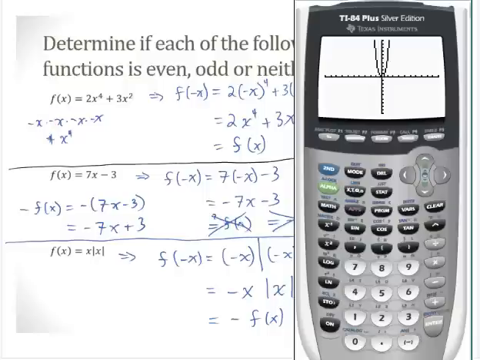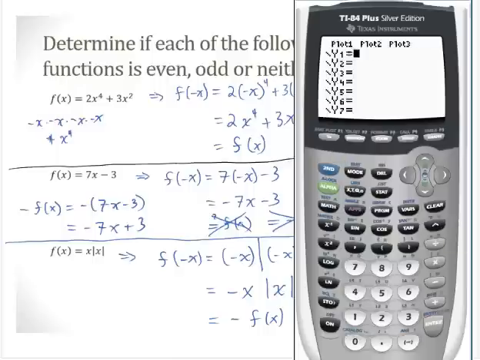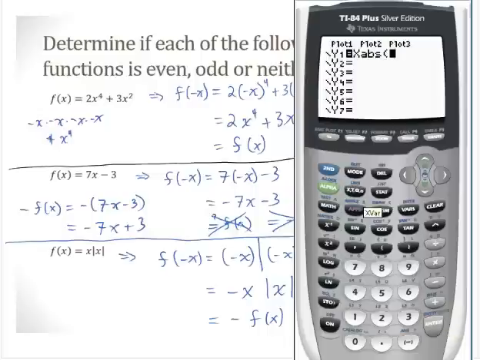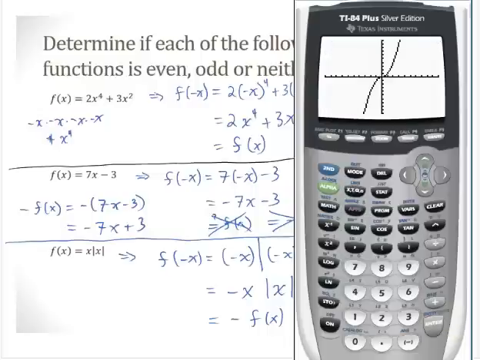Alright, and let's check y equals x times the absolute value of x. Now the absolute value, there's a couple of ways to get to it. Under the math menu, we move to the right to number, and there's the absolute value. So x times the absolute value of x, let me graph that, and we get this graph, and it does appear to have that symmetry, that origin symmetry.